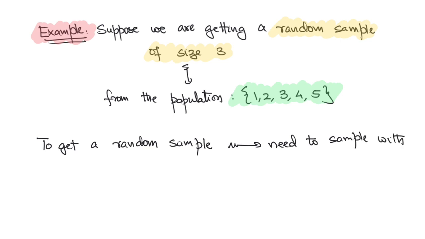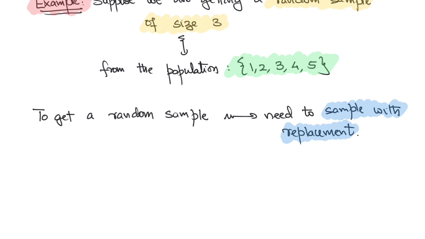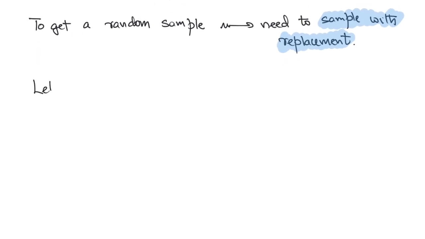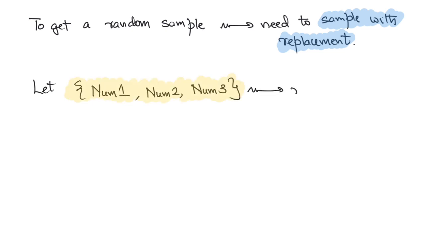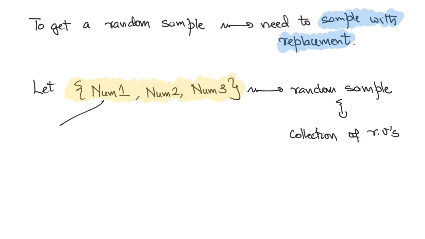The distribution being the same, and the three random variables need to be independent of each other, which means we will have to sample with replacement. Let num1, num2, and num3 be a random sample. That is, it is a collection of three random variables.